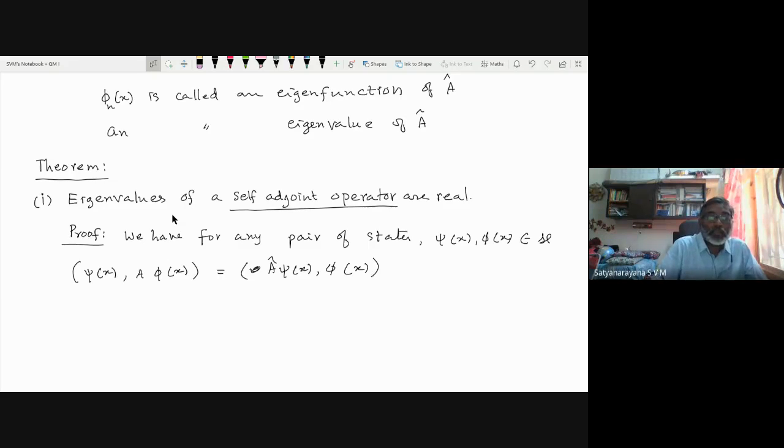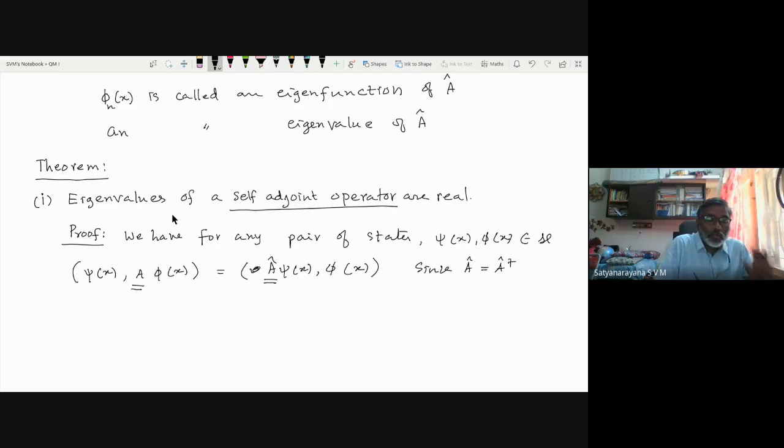Why? Since A is equal to A dagger, I have written A here, here, and here. Otherwise, I would have written A dagger.